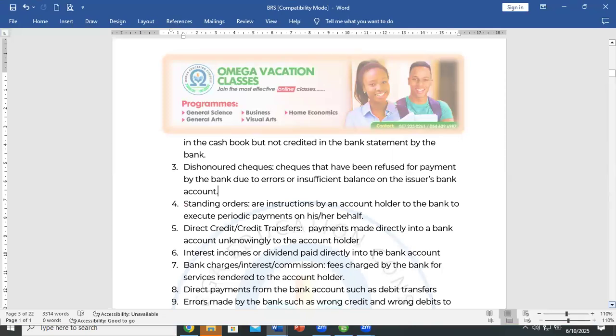So what happens is that immediately the time is up, the bank will deduct the money. Example, if you tell the bank to pay your DSTV subscriptions every month, then every month they are going to pay and deduct from your account. So what happens is that the customer may forget that he or she has done such standing order.